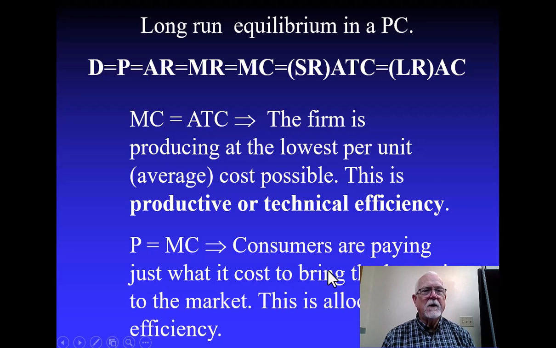And so we say that the marginal benefit and marginal cost of bringing that last unit to the market are equal, and we call that allocative efficiency. In other words, that's the correct amount that matches the benefits with the cost in bringing this product to the market and it being sold.